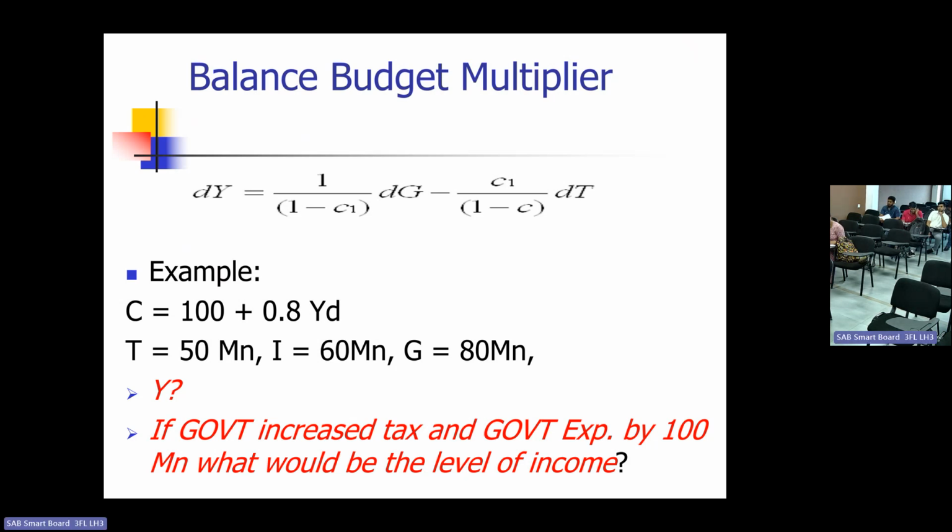The change in government expenditure is 100. The change in taxes is also 100. Earlier government expenditure was 60, now it becomes 160. And taxes were 50, now it becomes 150. Then substitute the values.